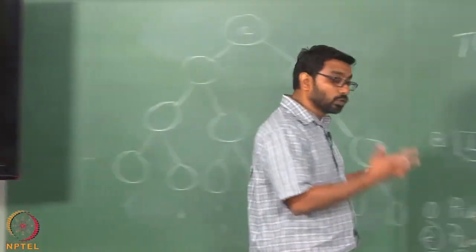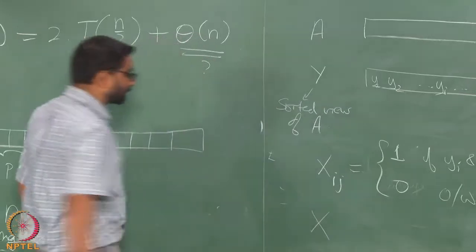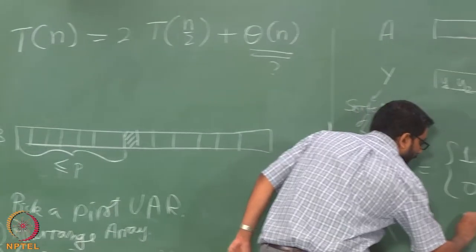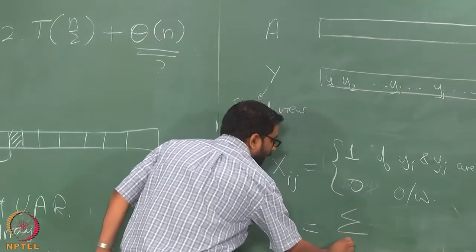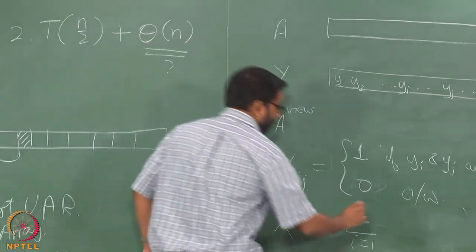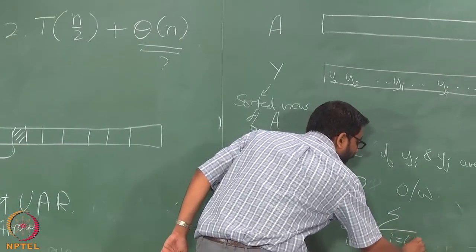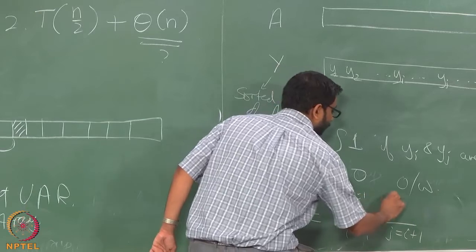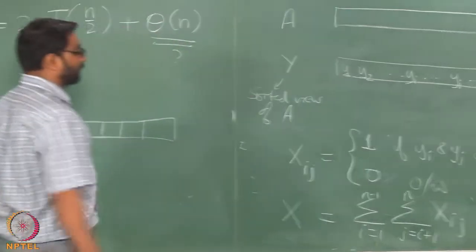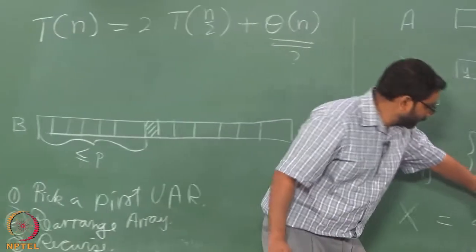So if you want a handle on the total number of comparisons, let's denote that by the random variable X. That's essentially equal to this double summation. This is essentially the easiest way to think about it.